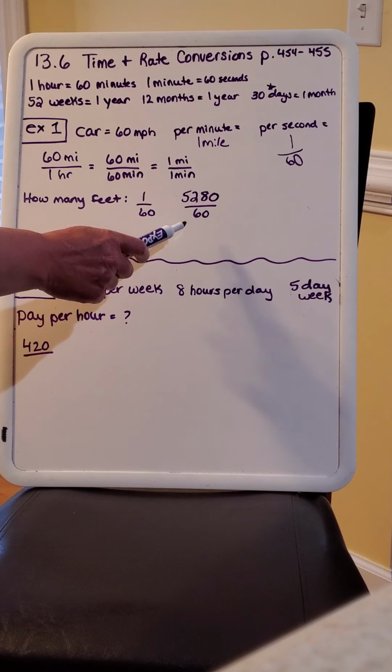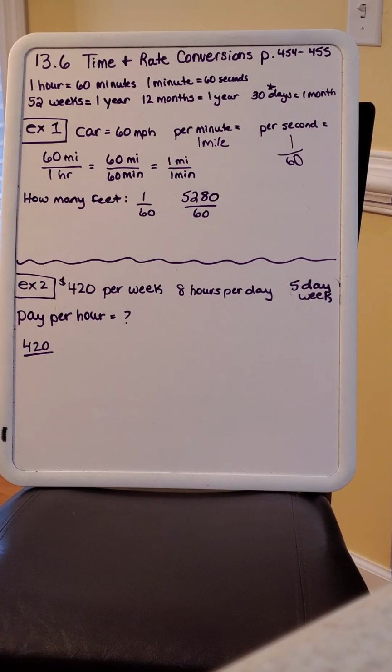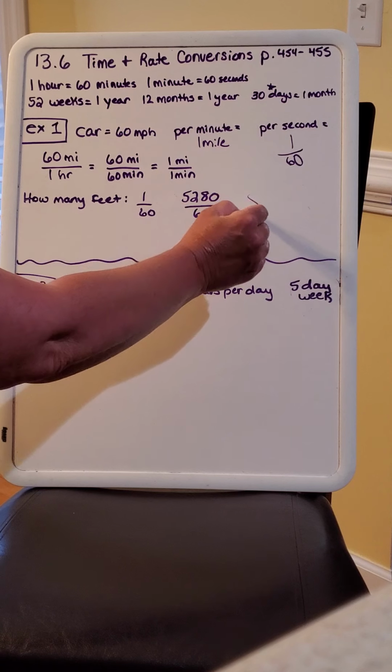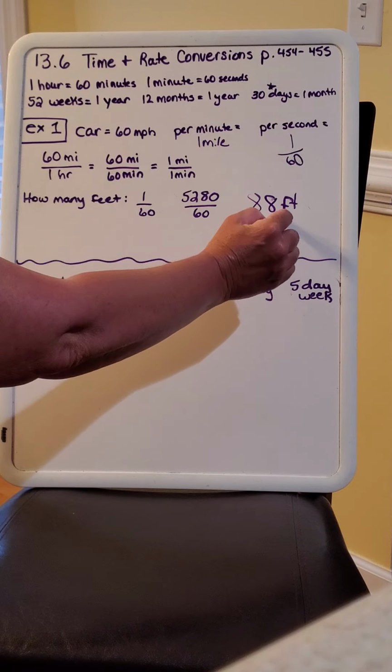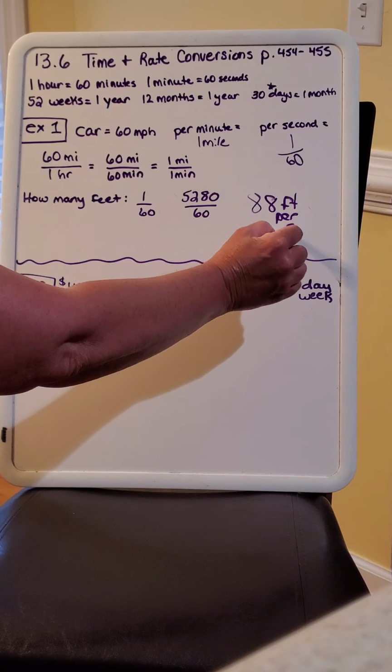There are 5,280 feet in a mile. That's going to be on that chart from 13.5, so you'll be pulling that chart out again. 5,280 divided by 60 is 88. So at 60 miles per hour, you would go 88 feet per second.